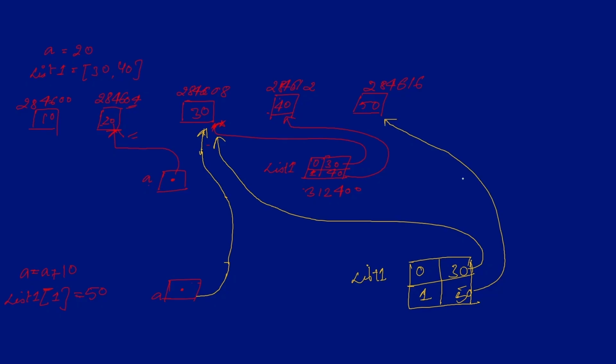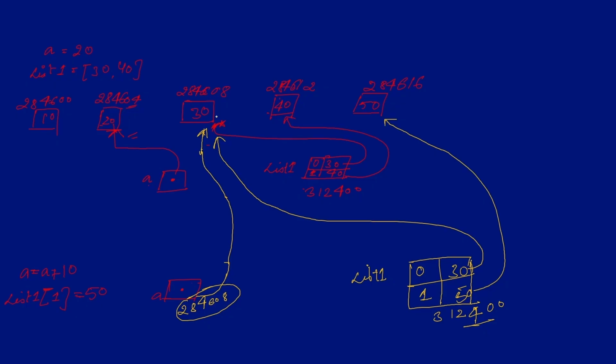The memory location where list1 is stored, 312400, will remain the same, but the memory location where a is referring to is now 284608. Earlier it was referring to memory location 284604. Now it is referring to memory location 284608.